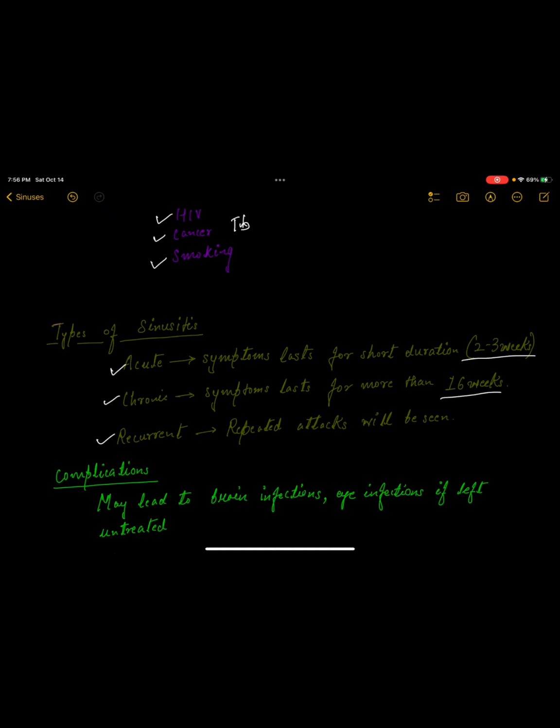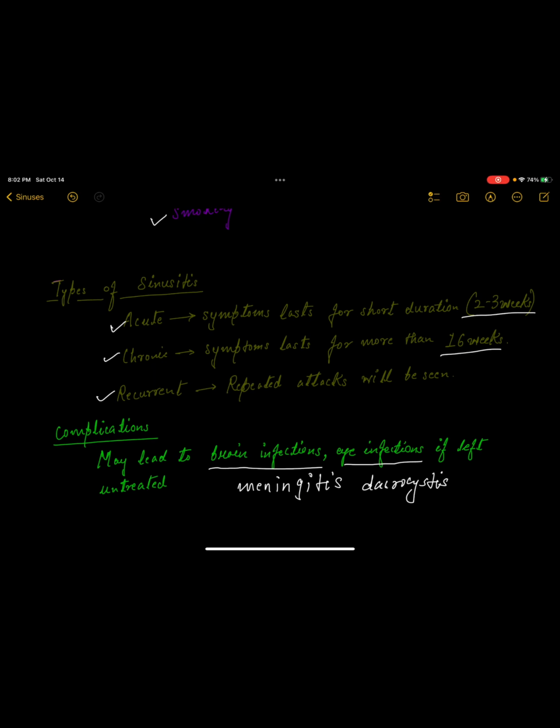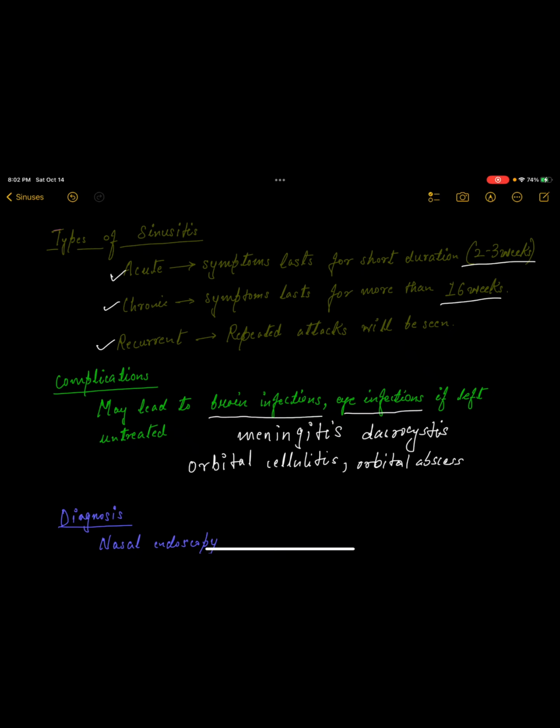There will be brain infection like meningitis, infection of the eyes like dacryocystitis, and other diseases like orbital cellulitis or orbital abscess, and cavernous sinus thrombosis.